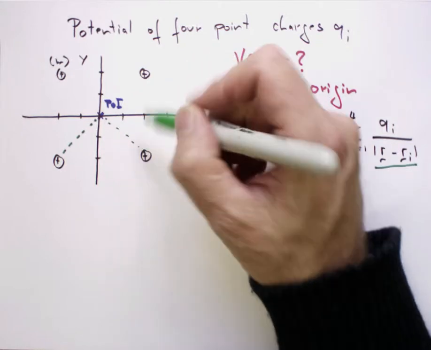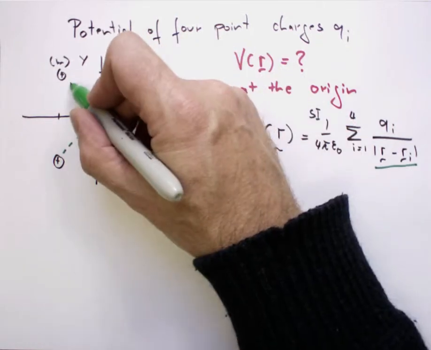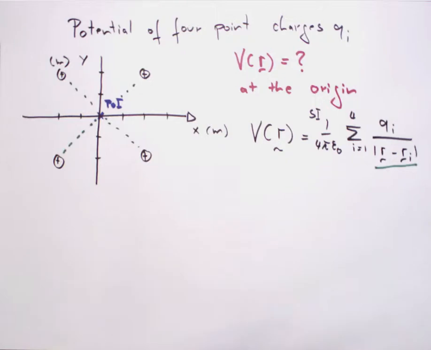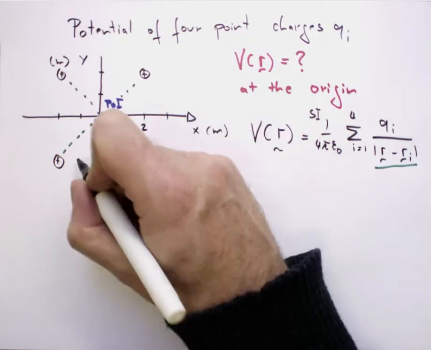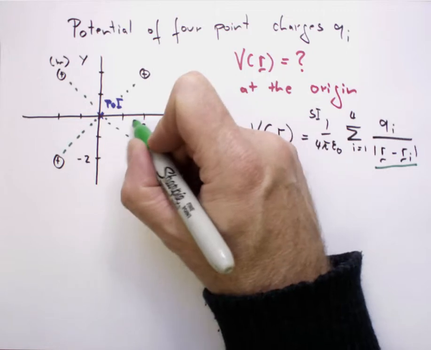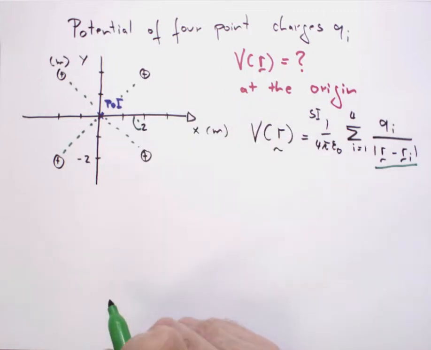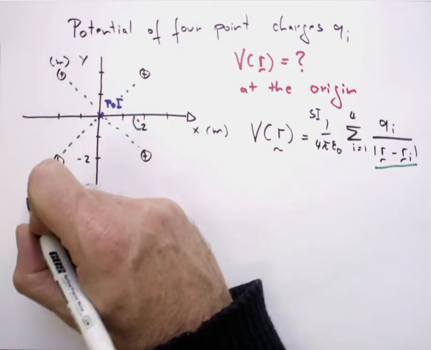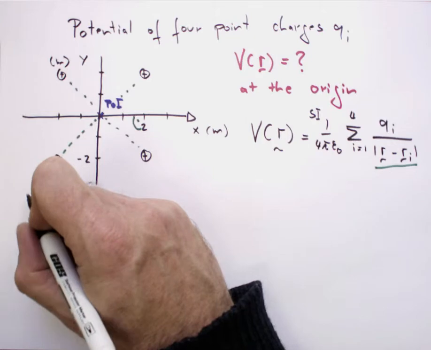And we notice that because of the symmetry in this particular problem, those distances are all the same, and they are easy to calculate because this is the right angle, so we can use Pythagoras to conclude that they are all equal.